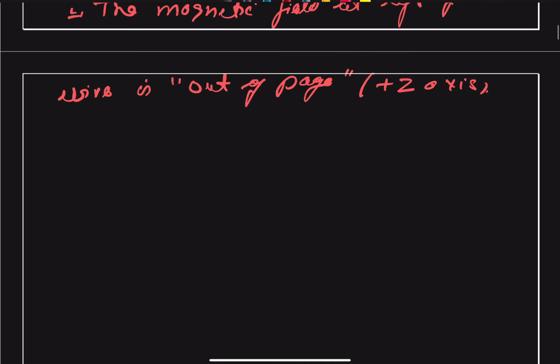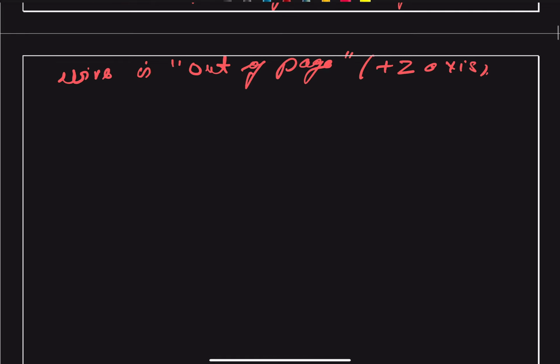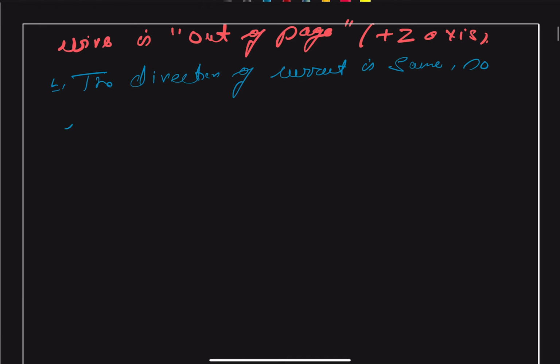Therefore the 3 wires create fields in the plus z direction. So it means they are going to all add up.